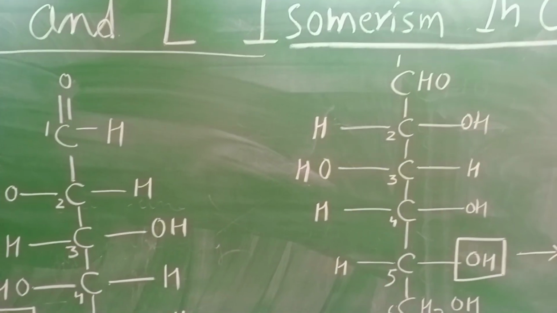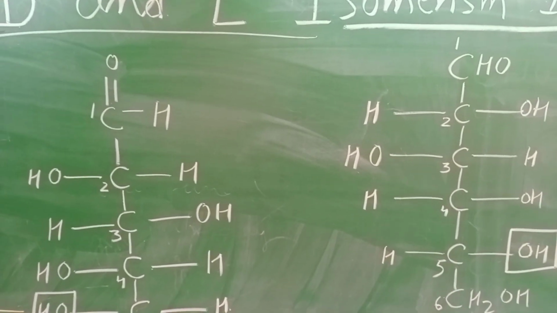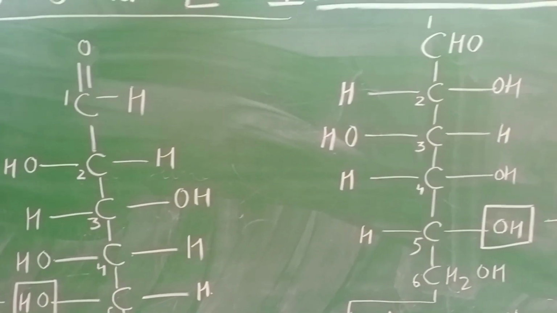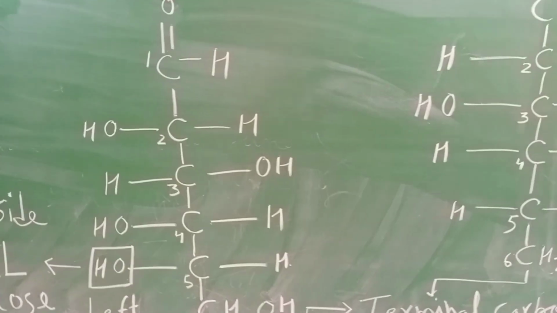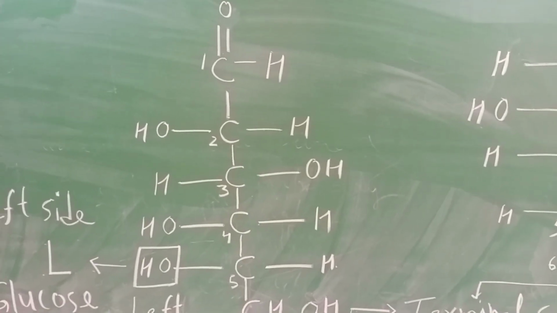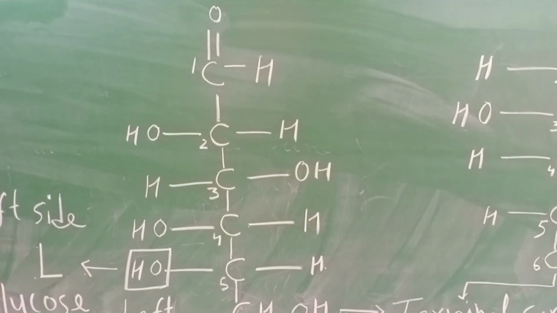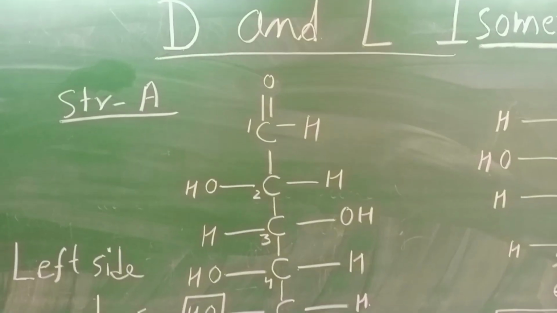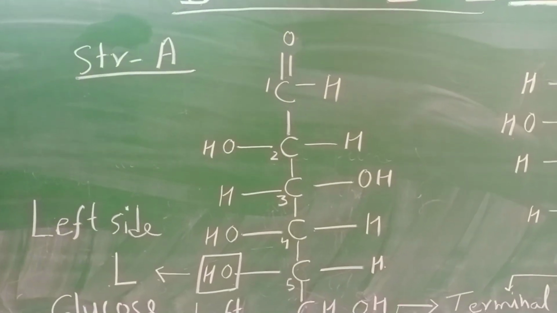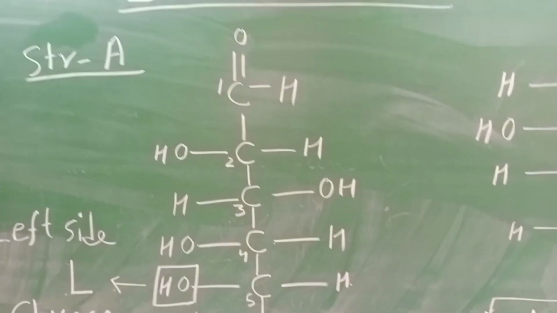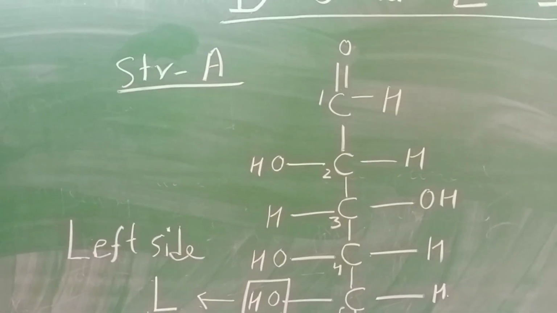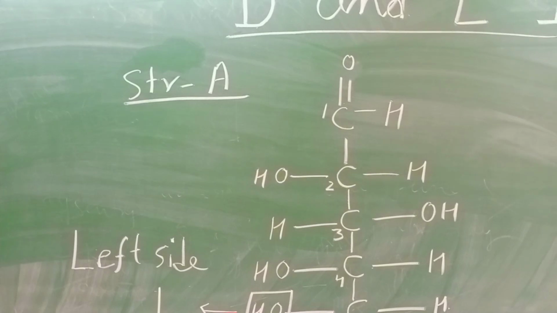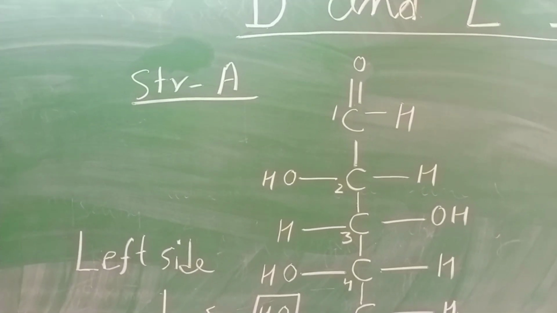So, in order to explain things much better, I have drawn two structures of glucose and represent both these structures as structure A. As you can see here, I mentioned the structure A, abbreviated as STR.